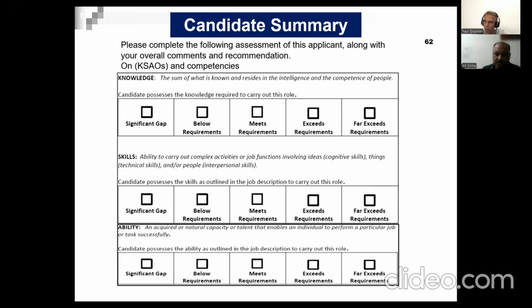The first thing we implemented is the buddy program. So there will always be a buddy to the new joiner. So when they join the organization, they have someone to talk to and have their doubts clarified. And the HR managers were made custodians of this process.